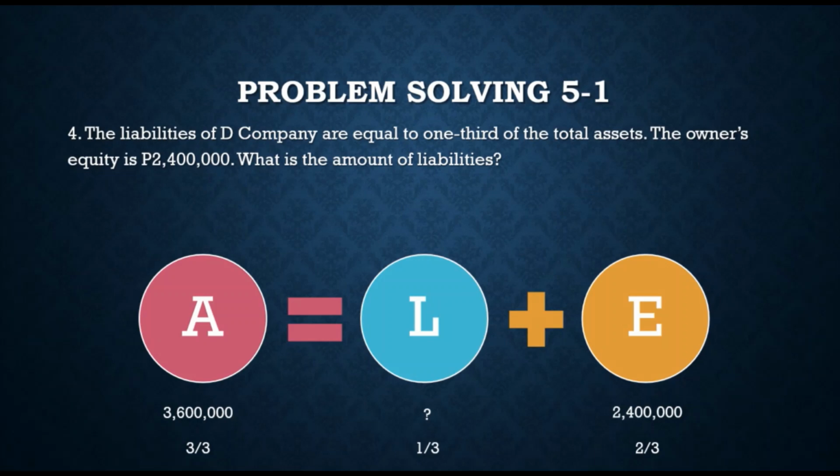So para makuha ang total liabilities, 3.6 million times 1/3, which is equal to 1.2 million. So to check kung tama ba yung 1.2 million, dapat magbabalance pa rin ang ating equation. So 1.2 million plus 2.4 million, which is equal to 3.6 million. So na-prove natin na tama na ang total amount of liabilities is 1.2 million.